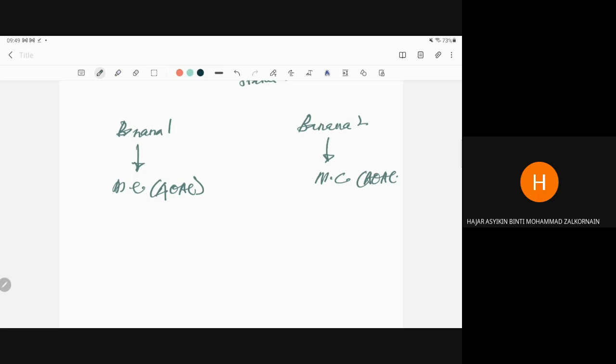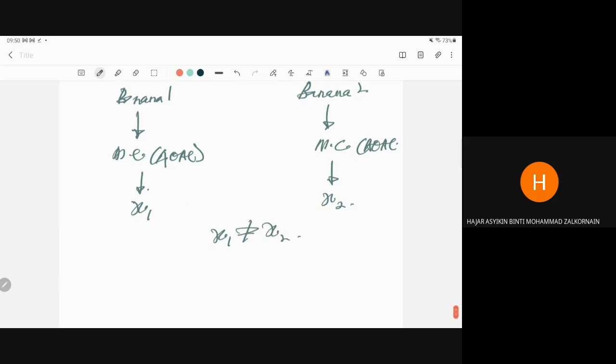Everything is the same, but we will get different data, X1 and X2, where X1 is not the same as X2. So why?